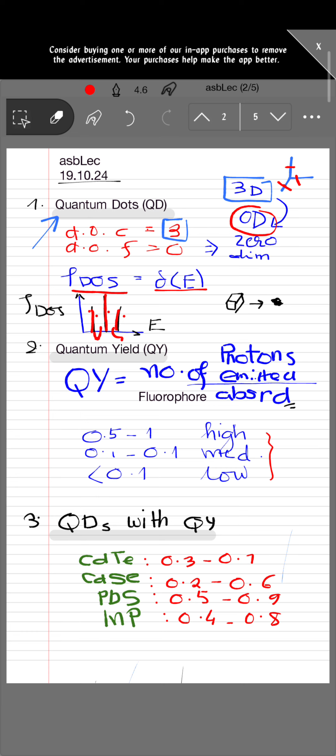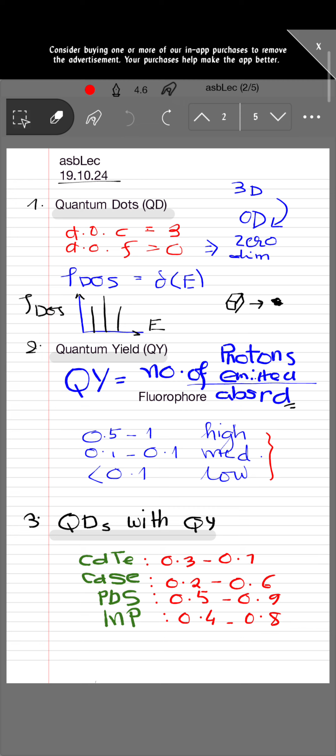Now, another aspect of quantum dots, especially semiconductor quantum dots, is their quantum yield. If it is a semiconductor quantum dot, then it will be used in harnessing light or in optoelectronic instruments.